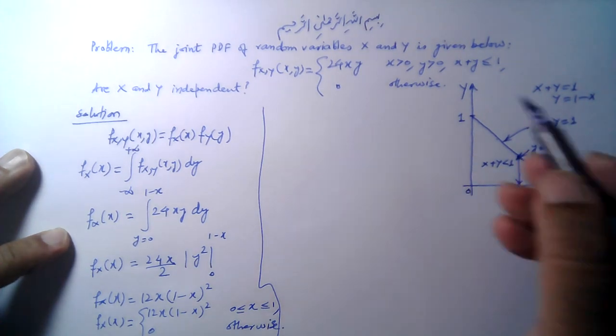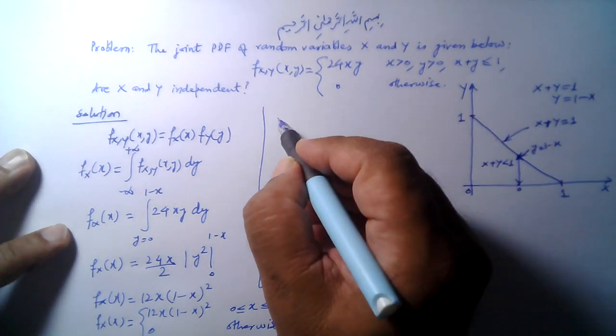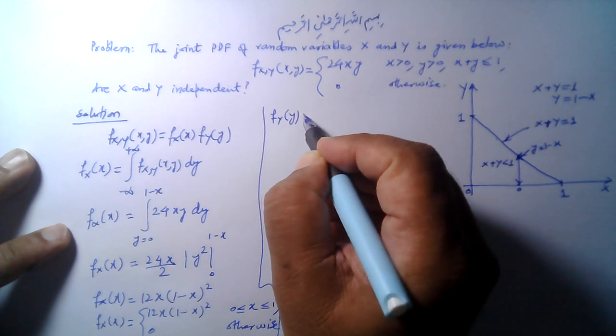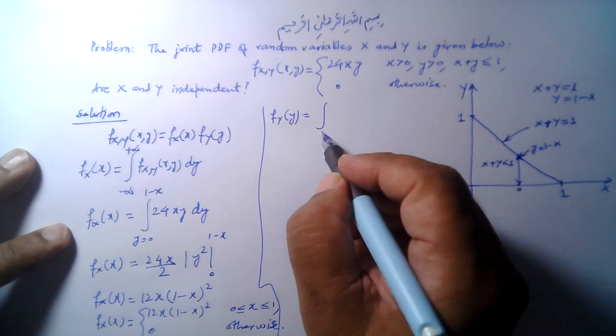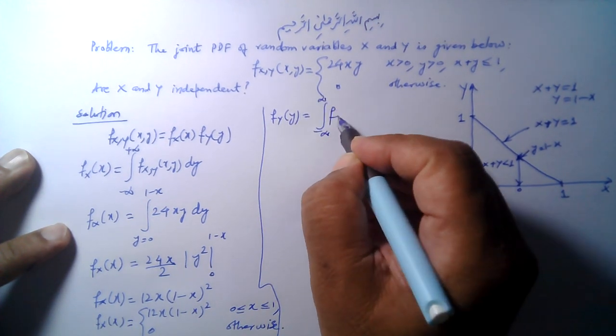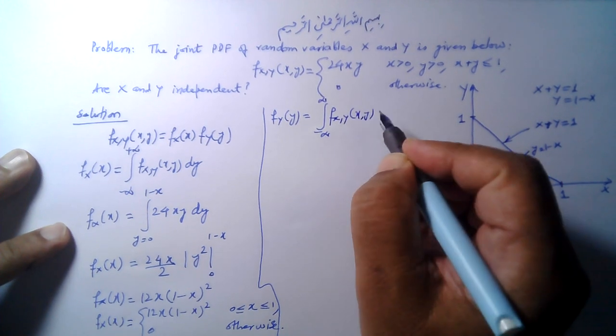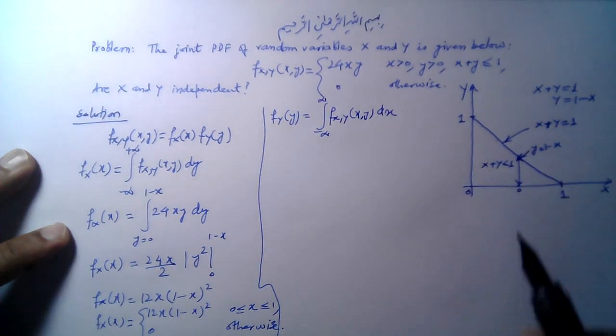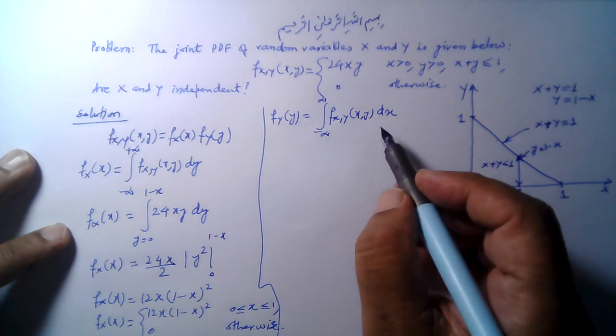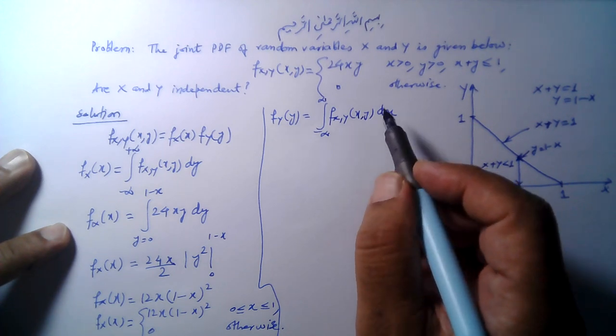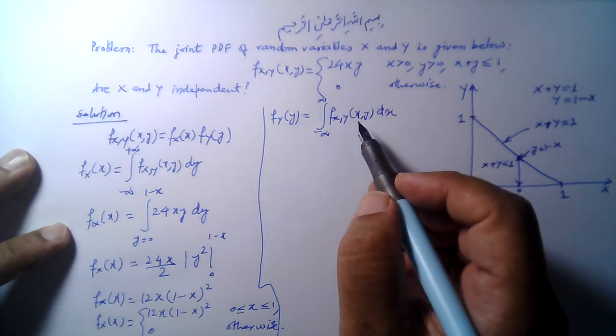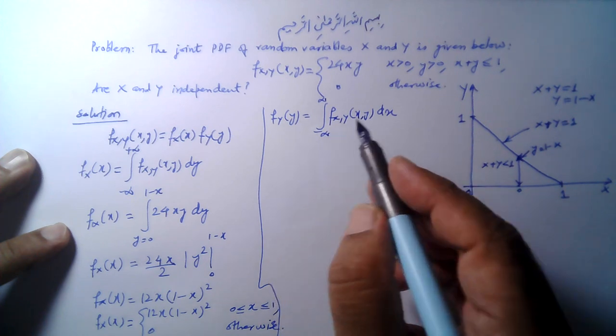Likewise, we can find the marginal PDF of random variable y. f_y(y) is given by the integral from minus infinity to plus infinity of f_xy(x, y) dx. We are now to integrate out the random variable x from this joint PDF to find the marginal PDF of random variable y.